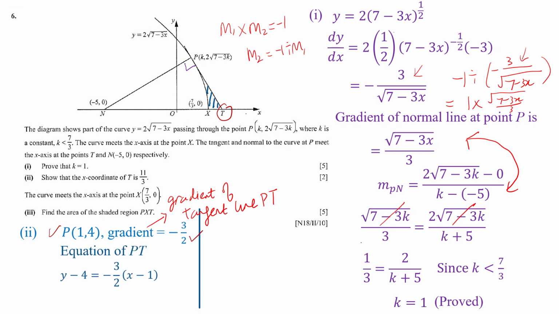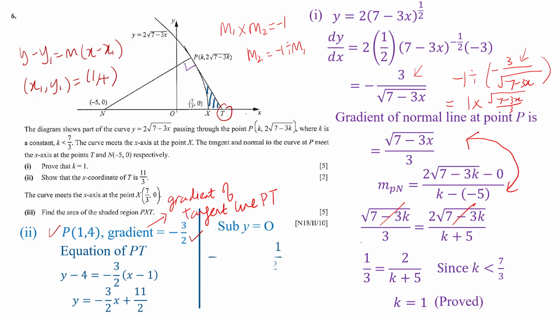So using y minus y1 equals to m bracket x minus x1, where your x1, y1 is your point P (1, 4), and your gradient is negative 3 over 2. You end up having y equals to negative 3 over 2 x plus 11 over 2. So to find the x coordinate of point T, I let y equals to 0. And that's how I get x equals to 11 over 3, which is what I'm required to do in part 2.